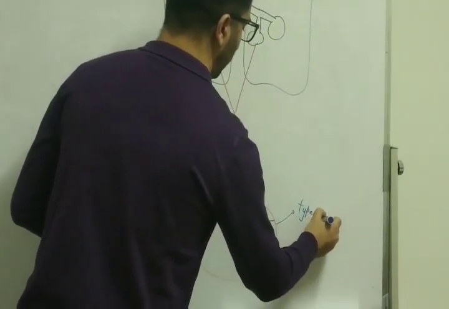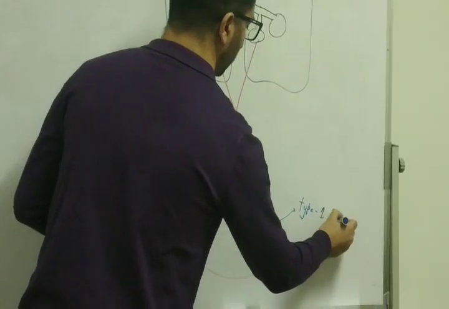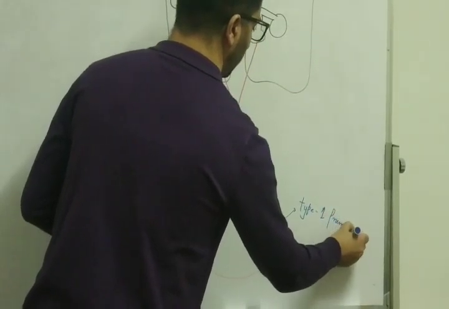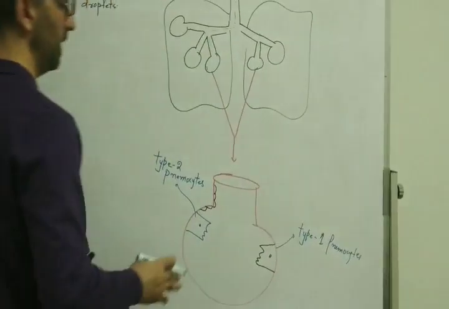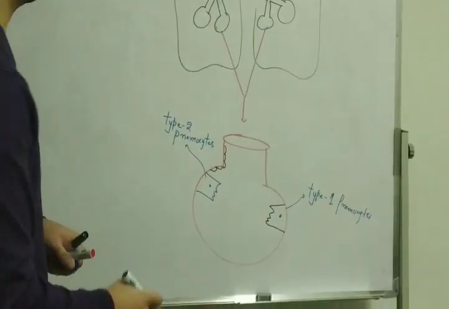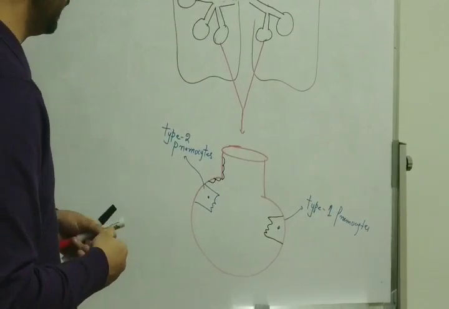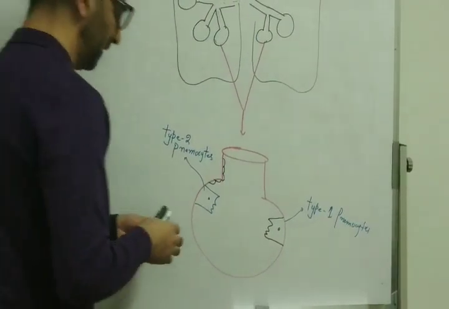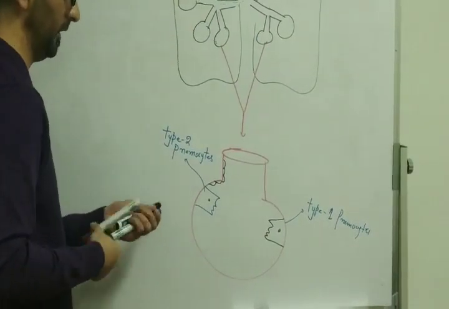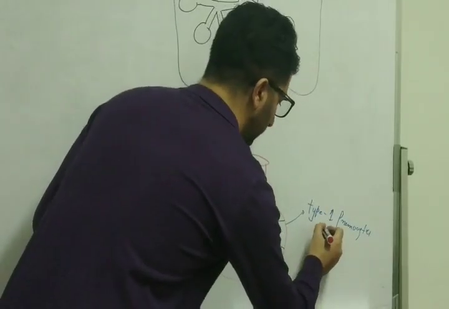The alveoli help with gas exchange. This type 1 pneumocyte helps in gas exchange.